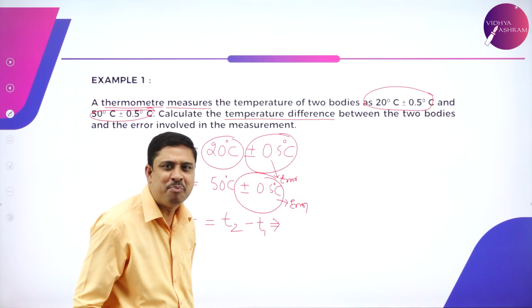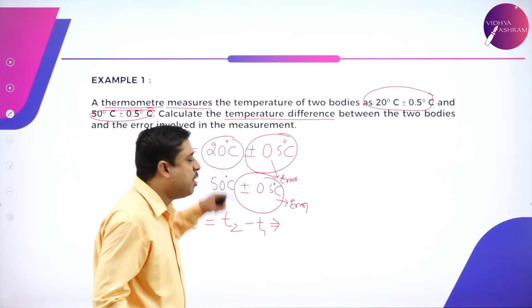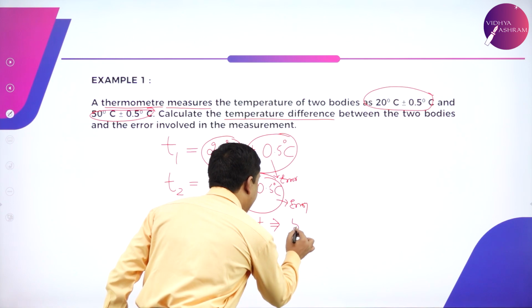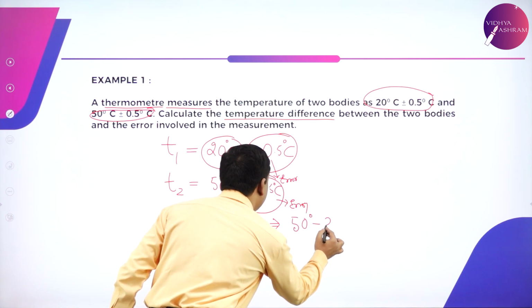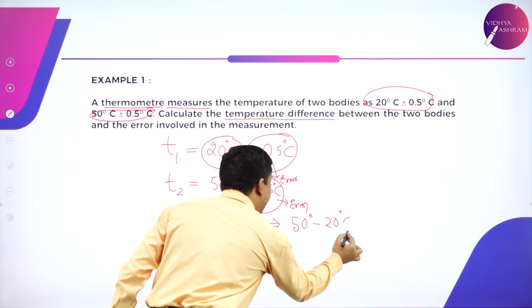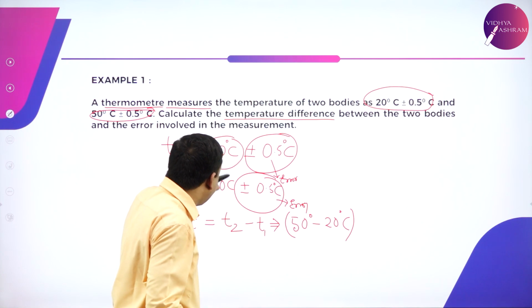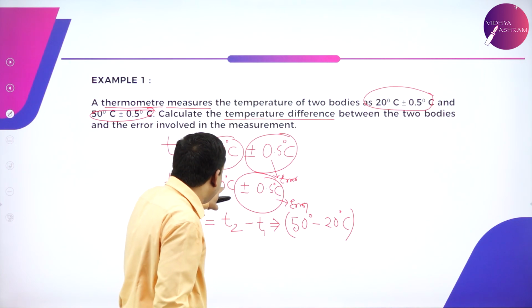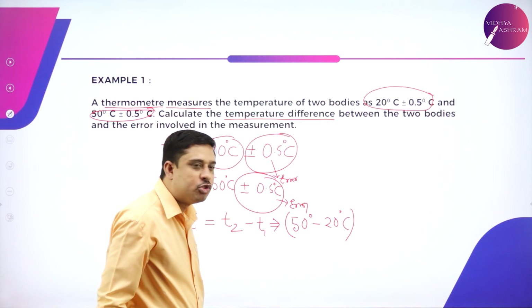The temperature difference T2 minus T1 is actually 50 degrees Celsius minus 20 degrees Celsius. Initially, I subtract the two measured values, find the difference between two measured values.